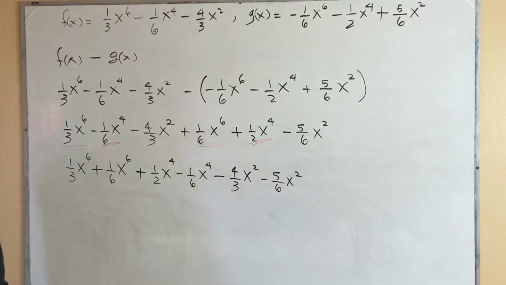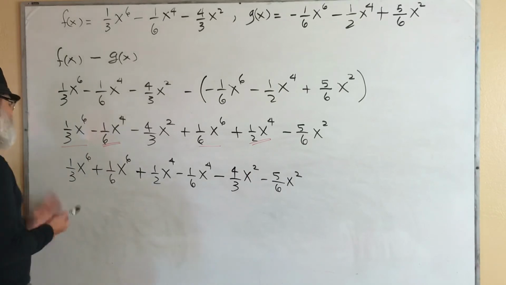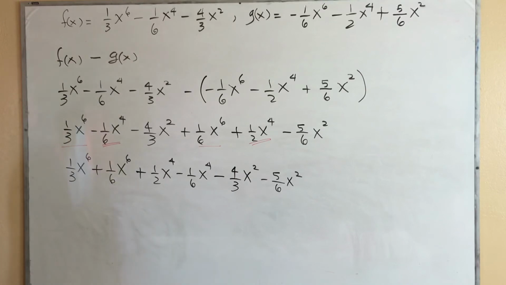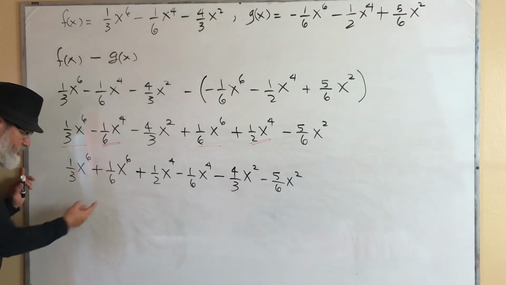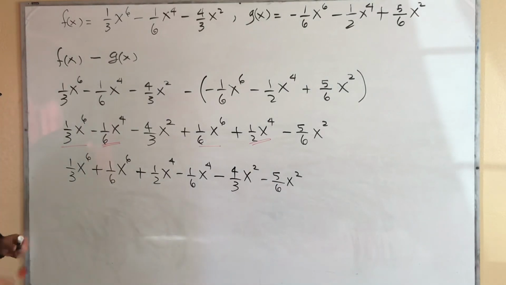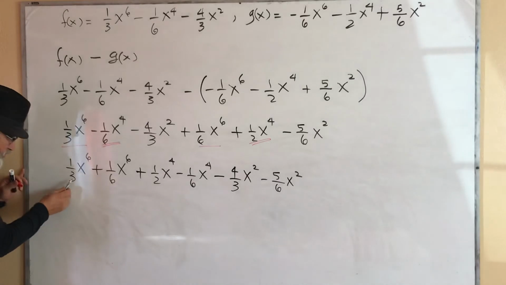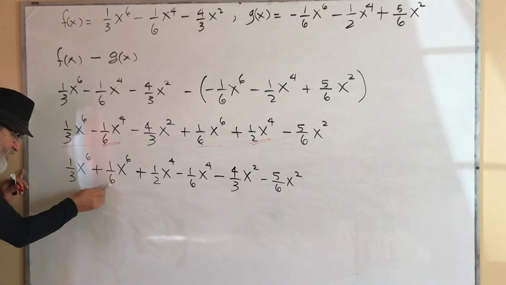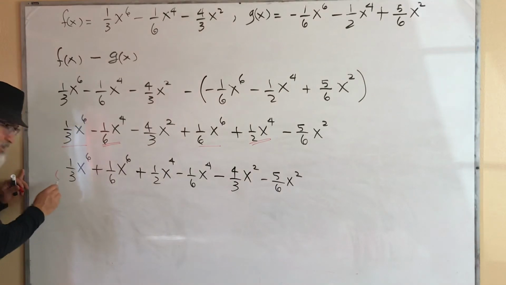Now let me show you a trick. To combine those two, they need to have the same denominator. No problem. For this to become a 6, this needs to become a 6. So multiply this by what?